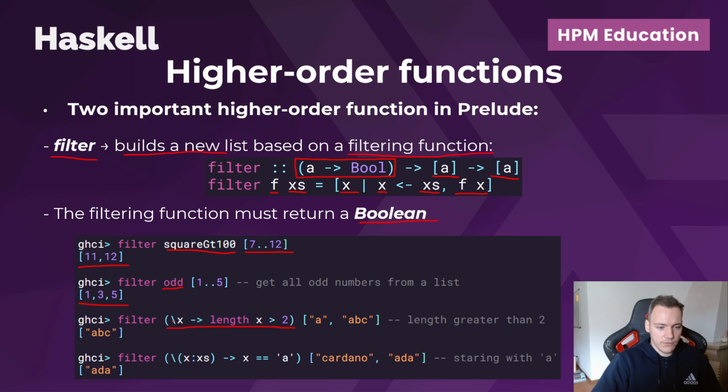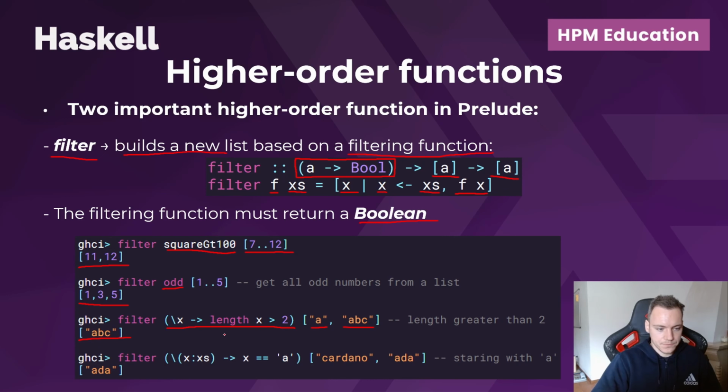So here we have a lambda function that takes in an argument x, and the function body is defined as: if the length of x is greater than 2, then it's true, and if it's not greater than 2, it's false. So for a, the length is 1, it's false, and for abc, the length is 3, so this is true, and in the new list we get only the abc string back.